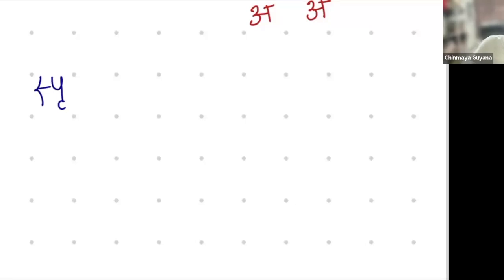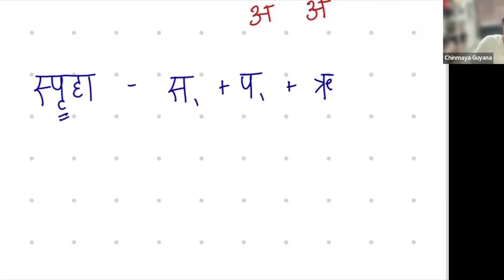The word I gave was spriha. I purposefully threw that word in there because we need a little check sometimes. This was sa halant plus pa halant plus r vowel, remember?